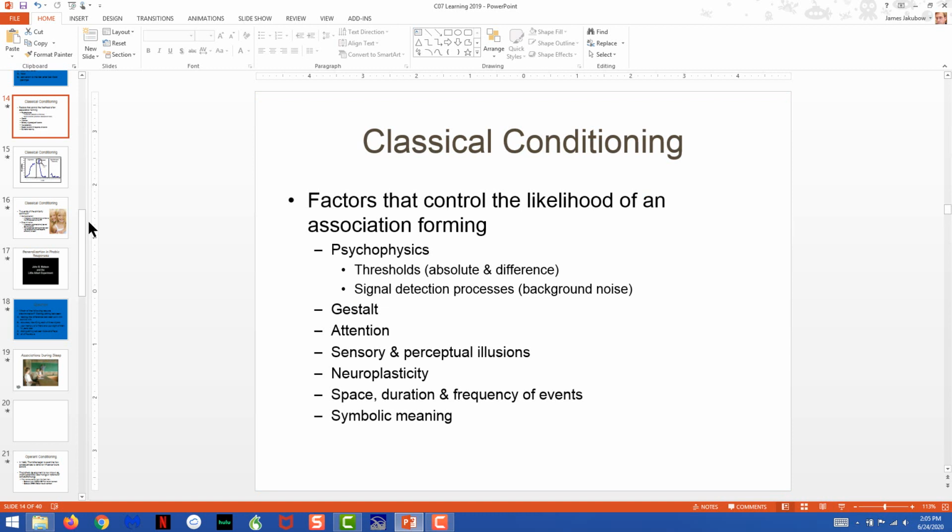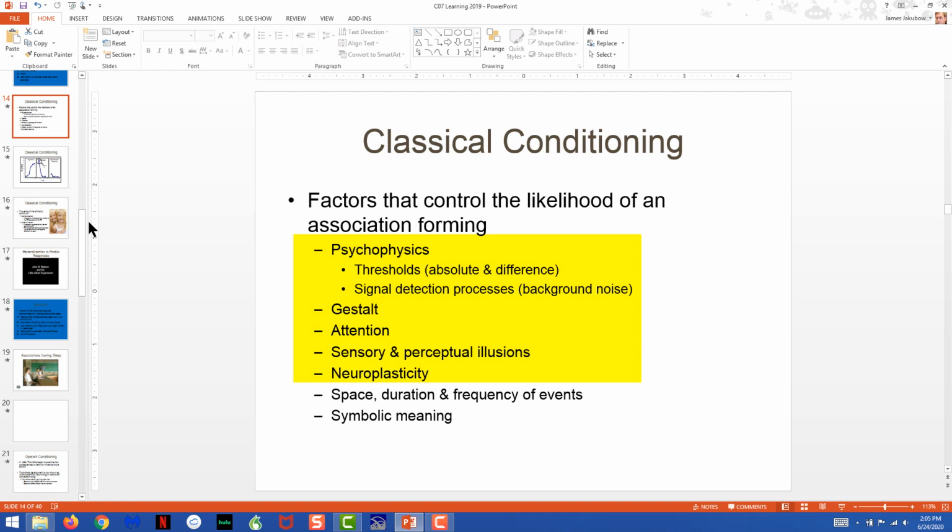Now, with this basic introductory presentation of Pavlovian conditioning, we actually start to see an aspect much broader in the field of psychology that's related to many of the things that we've already covered so far this semester. The concepts of psychophysics, the concept of Gestalt, which is a context-related aspect we saw in sensation and perception, the role of attention, sensory and perceptual illusions, the role of neuroplasticity that we've been talking about on and off again since chapter 2.